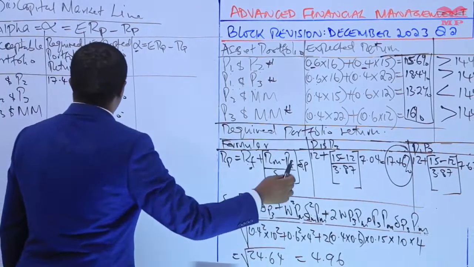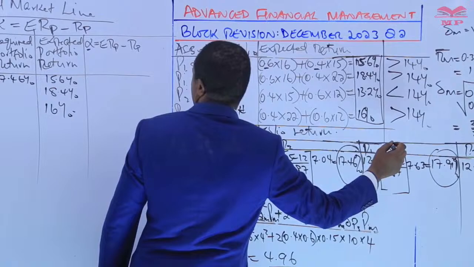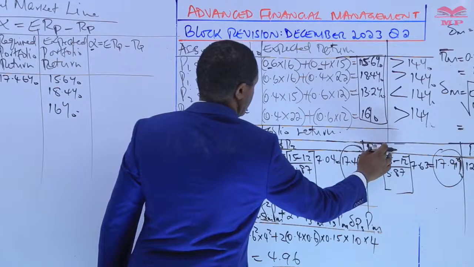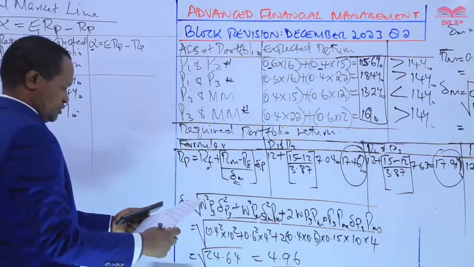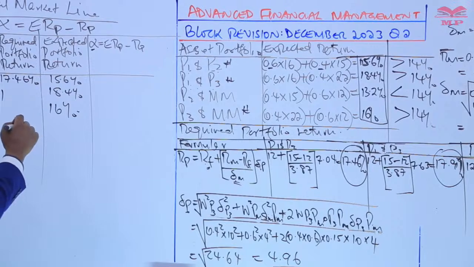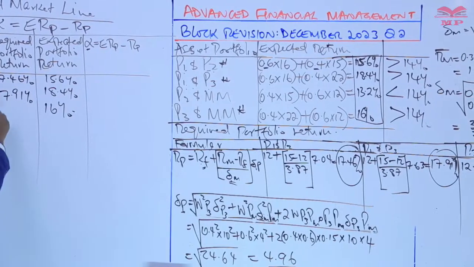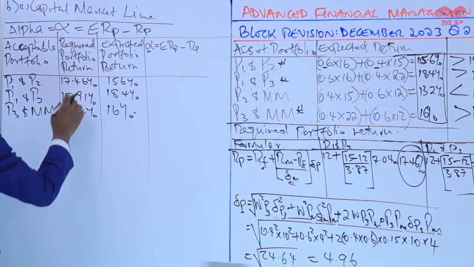For P1 and P3, 17.91%. Then lastly, we have 15.84%. So we're going to compare the two.